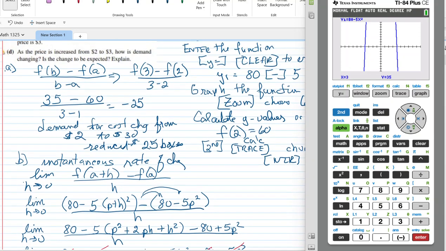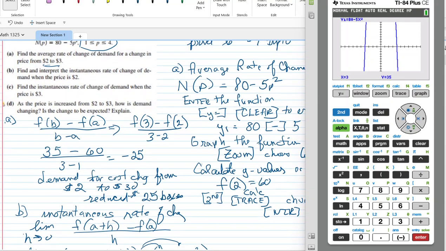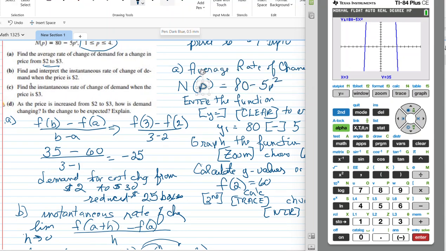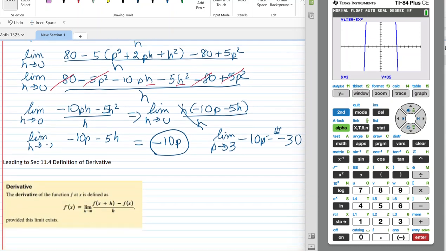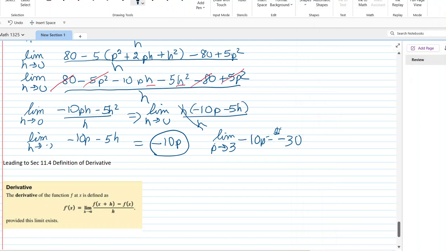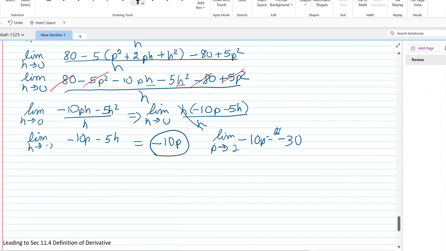All right. So now we have this question here. Find the instantaneous rate. Oh, I'm sorry. This was at 2. I did the 3. Sorry about that. This was at the $2. This should have been for 2. And that makes it a negative 20 from that average.